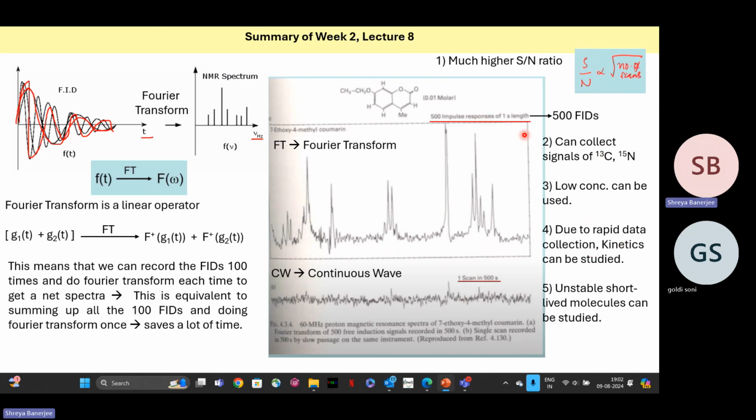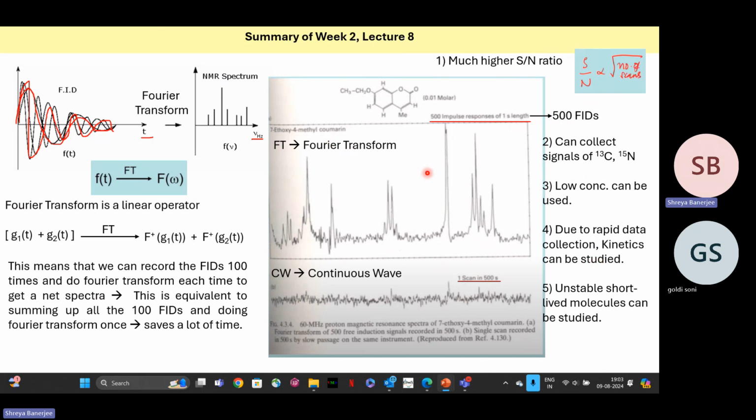Similarly, because it is a very short process, you can study kinetics. Suppose you have a reaction and you have to measure the NMR at very small time intervals. Because the Fourier transform process is so fast, you can do that.